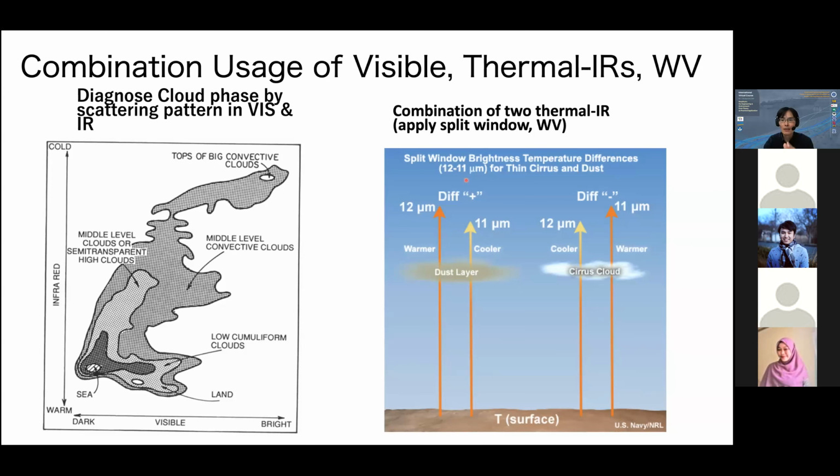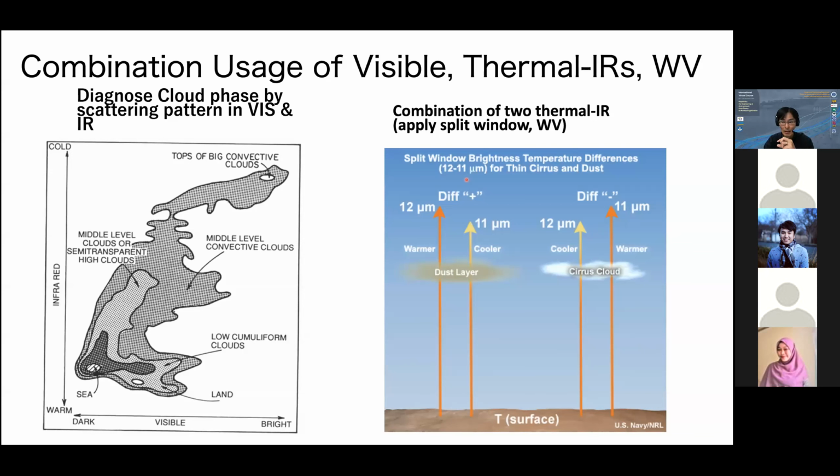For very near wavelengths, for example 10 versus 11 micrometers, or 10 versus 12 micrometers, the brightness temperature difference can be captured even though the wavelengths are very close, due to the difference in emissivities between the cloud and the dust.